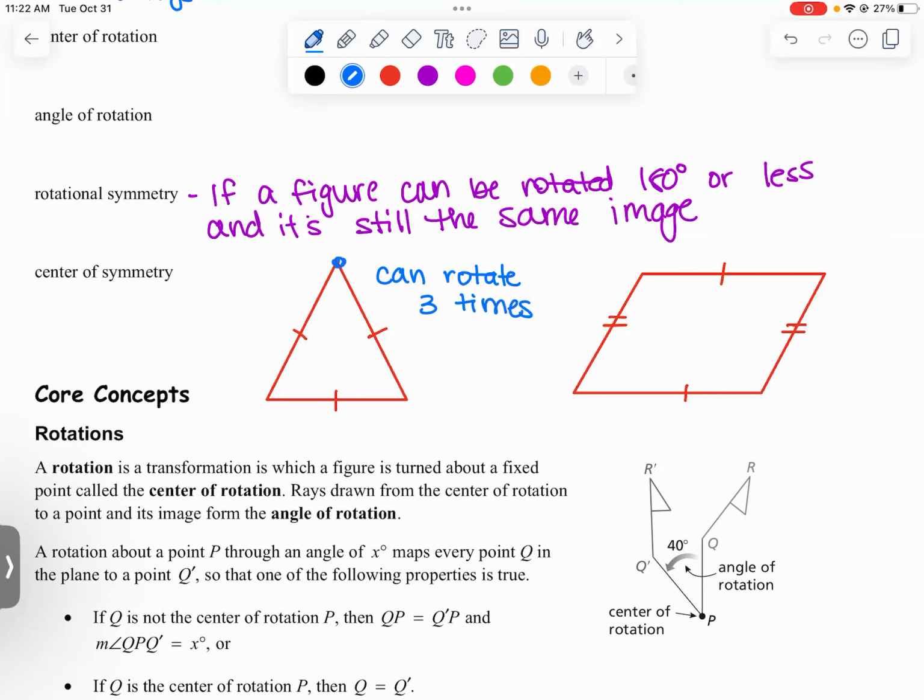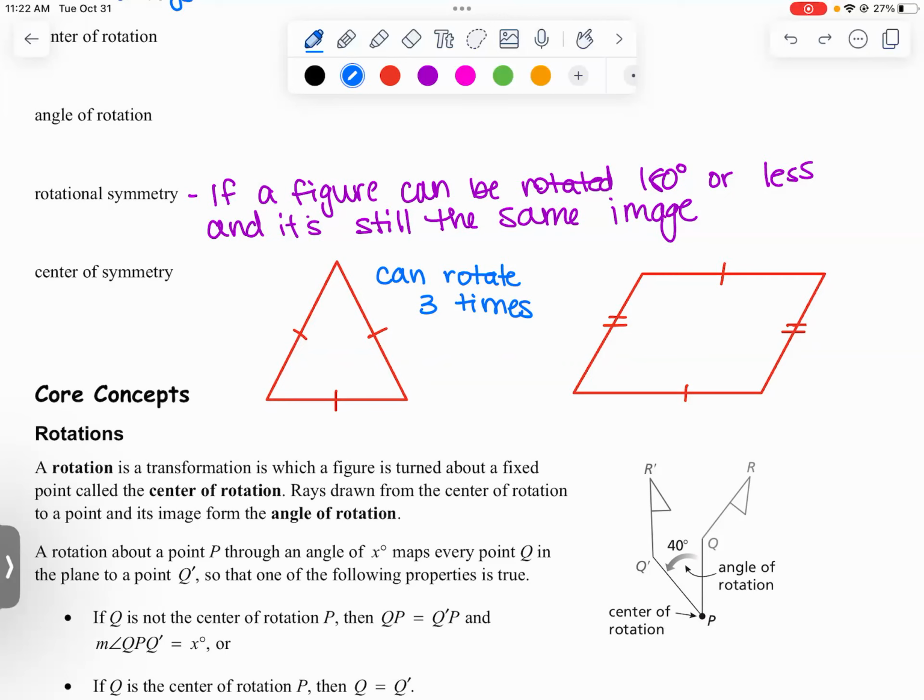Okay, so I can rotate it once and this goes to here. I can rotate it twice and then it goes to here. And then I can rotate a third time and we're back to normal. It needs to look the same when you rotate it. And so I can rotate this 3 times and it still looks the same.